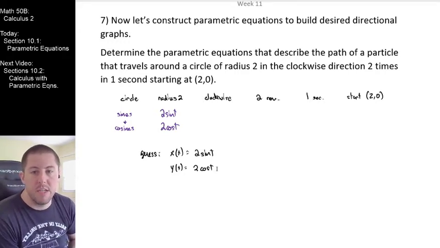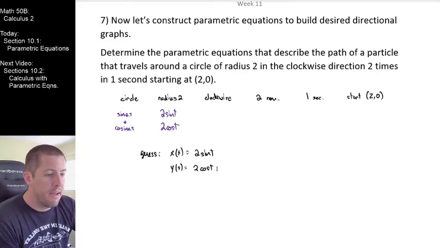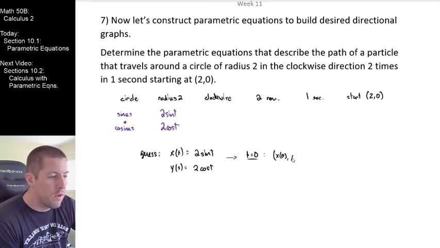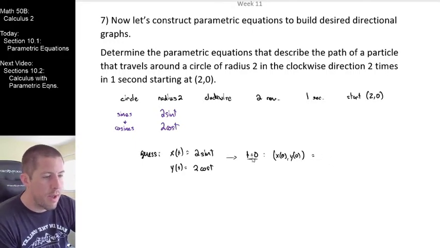Let's see if this agrees with some of the information that we've got. If I were to do this, we could say at time 0, where are we? Well, x of 0, y of 0 is going to be, when I plug in 0 here, 0 and 2.